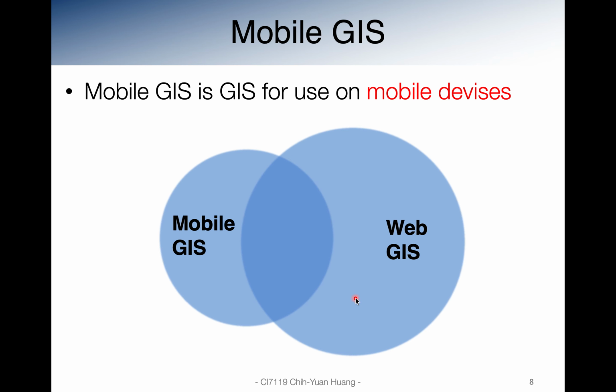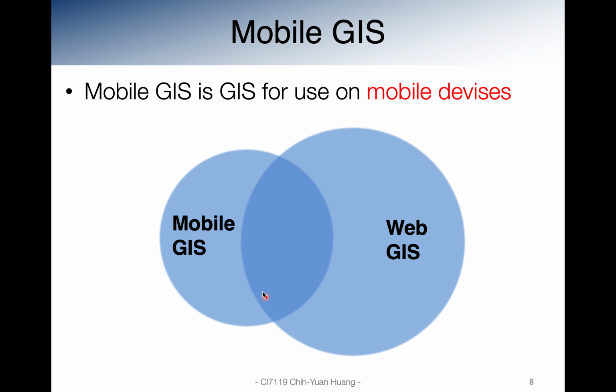But in fact, the relationship between the mobile GIS and web GIS is kind of like this. Of course, this is based on my understanding, and if you have any other view, I'm very happy to discuss with you. So basically, you can say that a part of the mobile GIS overlaps with the web GIS.